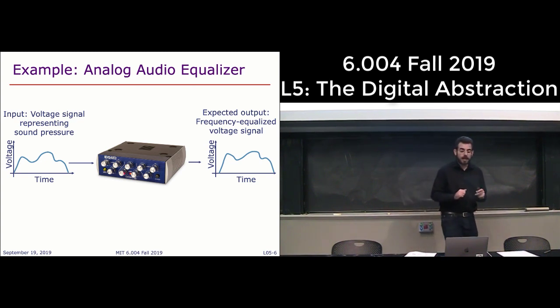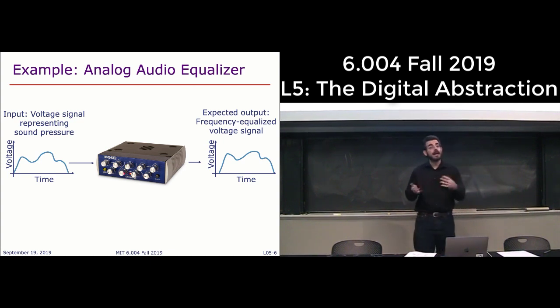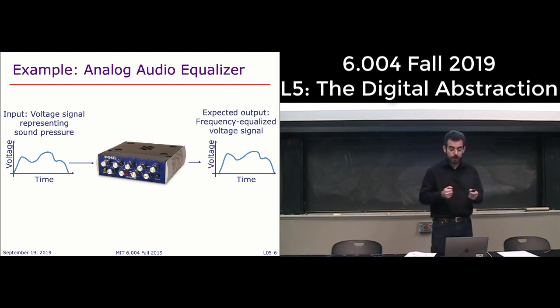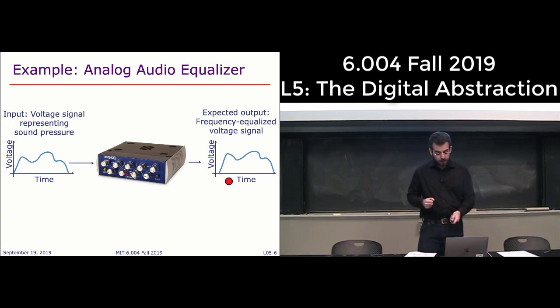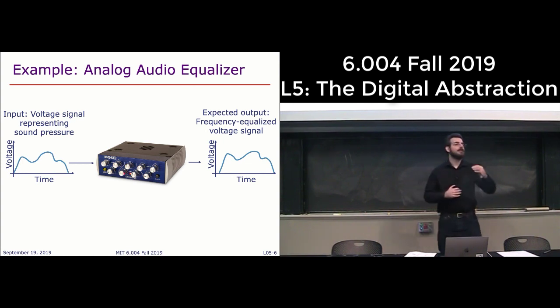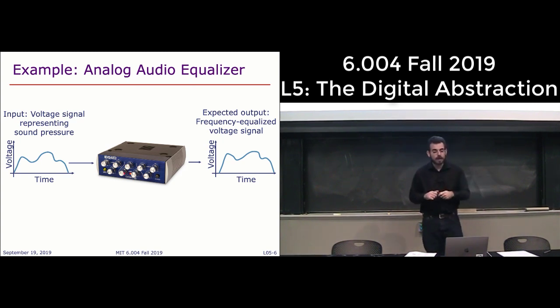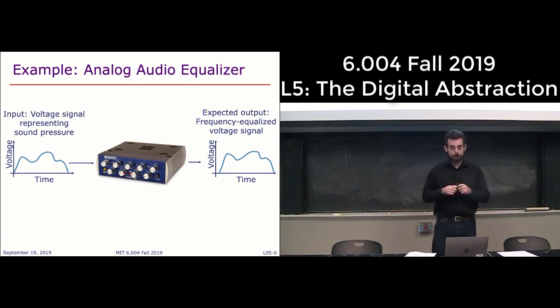Essentially, this equalizer divides the signal into different frequency bands and then applies a different gain, or amplification factor, to each of the bands of frequencies. Then it mixes things back together, and what you should get is a frequency equalized voltage signal. Some processed audio signal where, let's say, the bass has been amplified, or the mid-range frequencies have been amplified, depending on how you want to listen to particular kinds of music, for example.